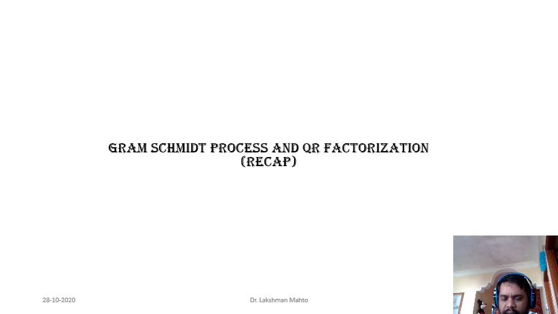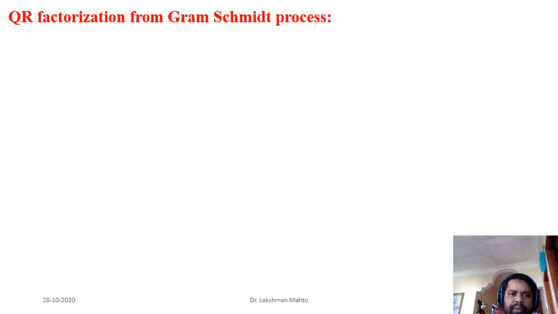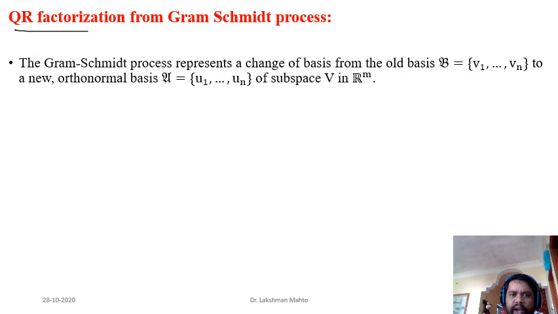Coming to the recap of Gram-Schmidt factorization and QR factorization. I had told that QR factorization comes as a byproduct of the Gram-Schmidt process. Actually, the Gram-Schmidt process presents a change of basis from the old basis B having basis elements v1, v2 up to vn to a new orthonormal basis A, having basis elements u1, u2 up to un.